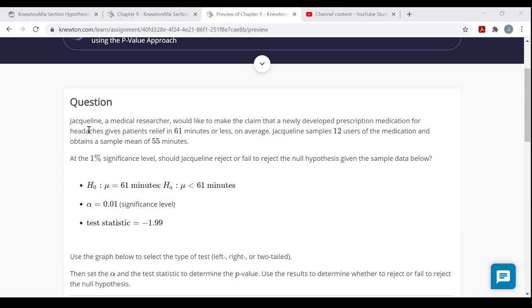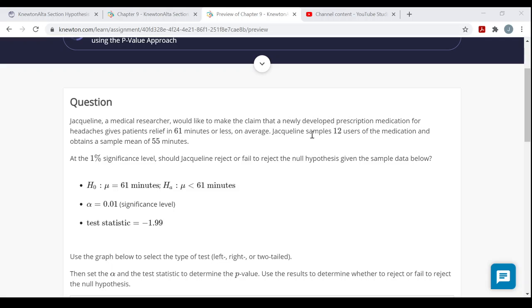Alright, so here's the problem. Jacqueline, a medical researcher, would like to make the claim that a newly developed prescription medication for headaches gives patients relief in 61 minutes or less on average.